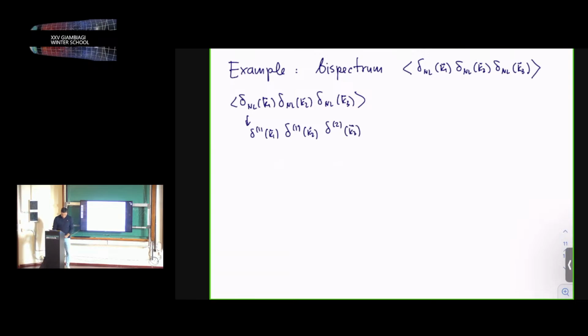Okay, so certainly one contribution at lowest order in perturbation theory is this one. However, I can make this choice of considering the second order solution here or here. There are three possible options where to put the second order field. And so therefore, I have two other expressions, which I'm just going to denote like this.